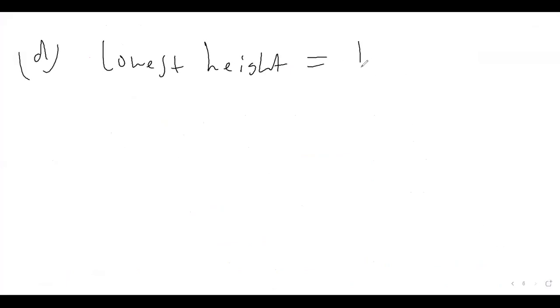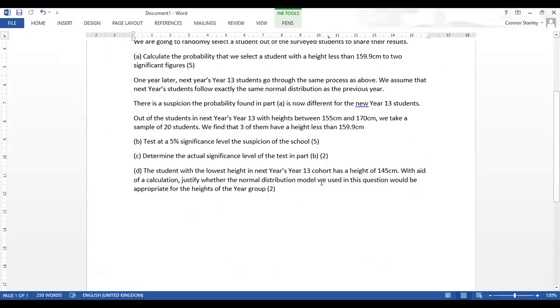We know that the lowest height in next year's year 13 is equal to 145 centimeters. So that was our lowest height. Now, if we go back again to the question, the lowest height in this set of year 13 students is 145 centimeters.